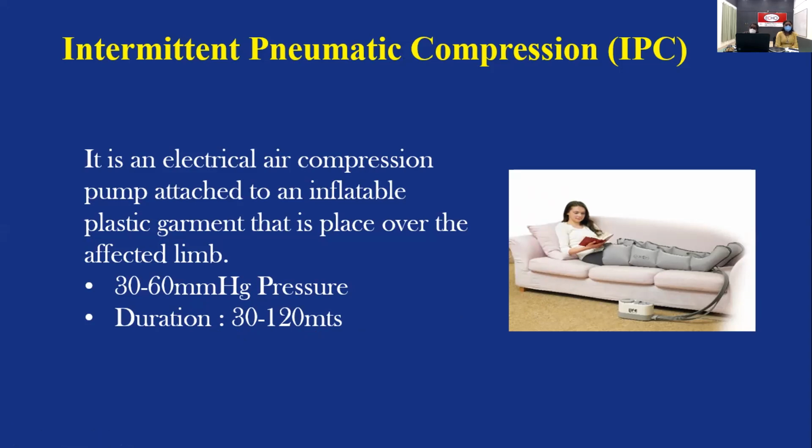Usually we start with 30 to 60 mmHg pressure over a duration of 30 to 120 minutes. If the patient has stage 1 lymphedema, you can suggest this pump. For second and third stage lymphedema it is not advisable.